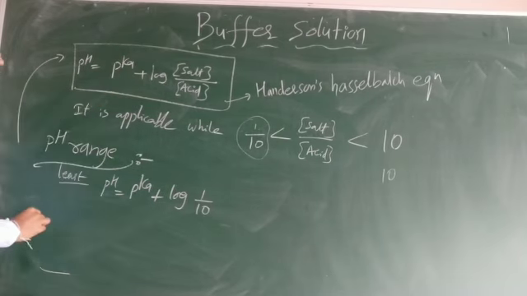That means one value change. Suppose X salt and X acid are given, and the pKa value is 5. Then this buffer solution will work at most between 4 and 6. In this range the equation is applicable and the solution will act as a buffer solution. Only one pH unit of variation.